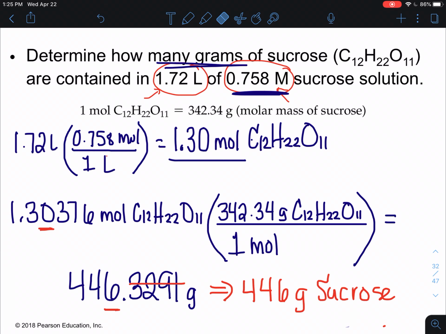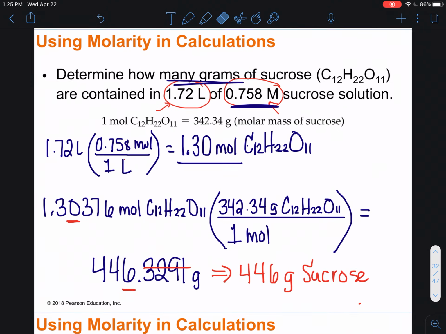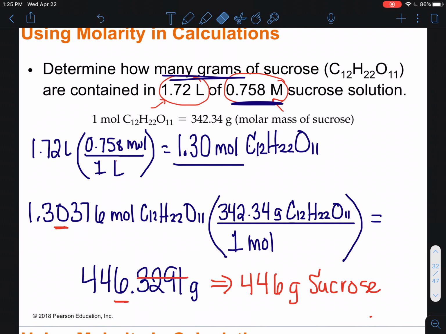So again, in this situation we had to determine grams of solute. We were given the volume of solution and its concentration, and remember, the concentration of the solution, molarity, is a conversion factor. We started off our calculation with the volume of our solution in correct units, which is liters.